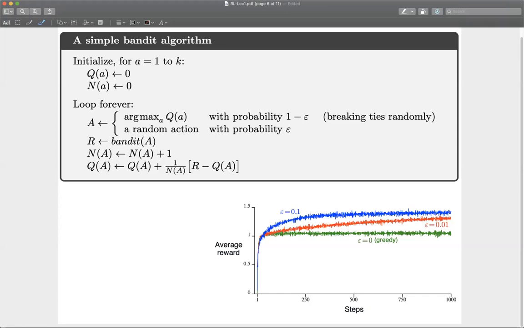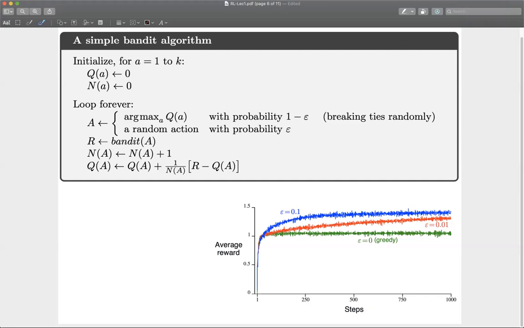Does that make sense? So one strategy is pick the arm that we believe has the biggest return, and we're going to pick it with some probability, 1 minus epsilon. Epsilon here is maybe a half, maybe whatever, but this is going to determine the probability that you'll take a random choice.